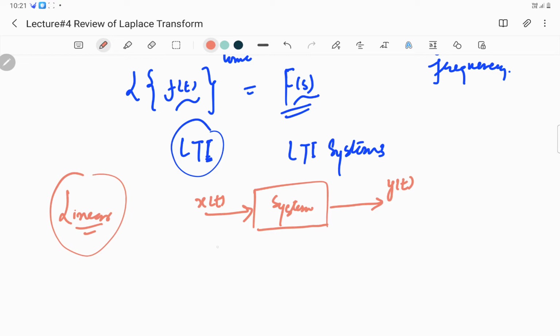So linear would mean, when I am applying x of t, the response is y of t. Now say I apply a signal which is a times x of t to the same system. The response would be a times y of t, where a is some constant.